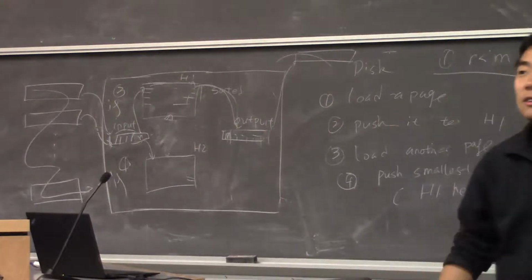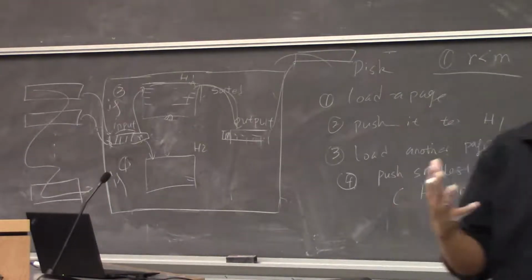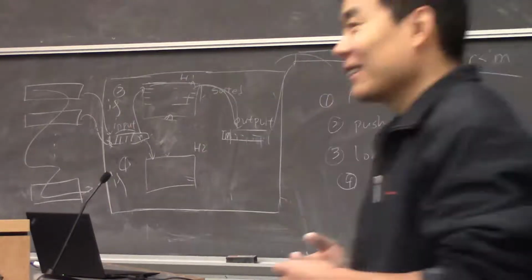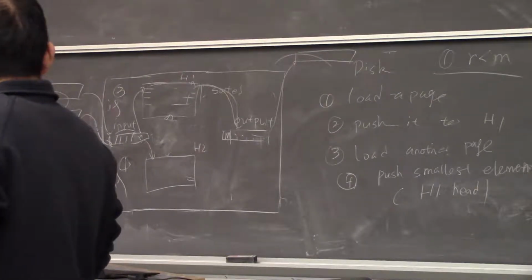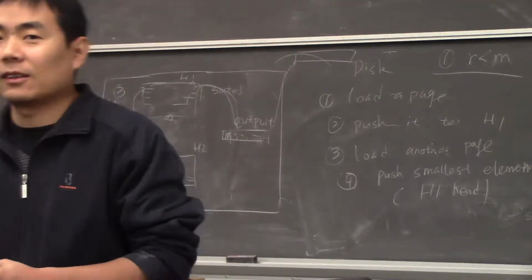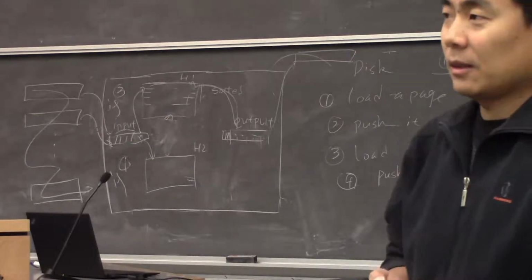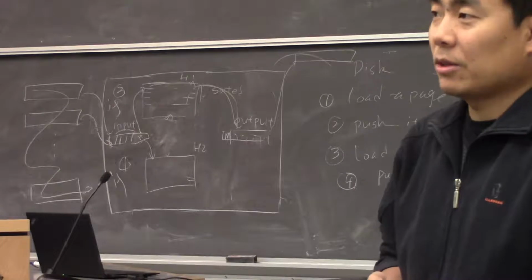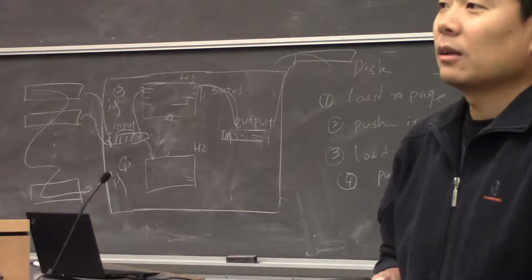Why does this work? If you think about it, it's very intuitive. If R is greater than or equal to M, you know that you've popped things out of H1 and put them in the output in sorted order. So if R is greater than or equal to M, you can put it into H1 and eventually it'll be popped out from H1 such that it's bigger than the things you've already put in the output.